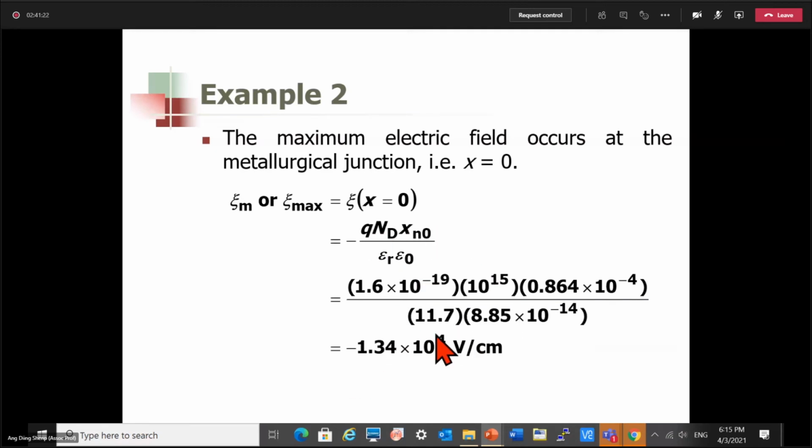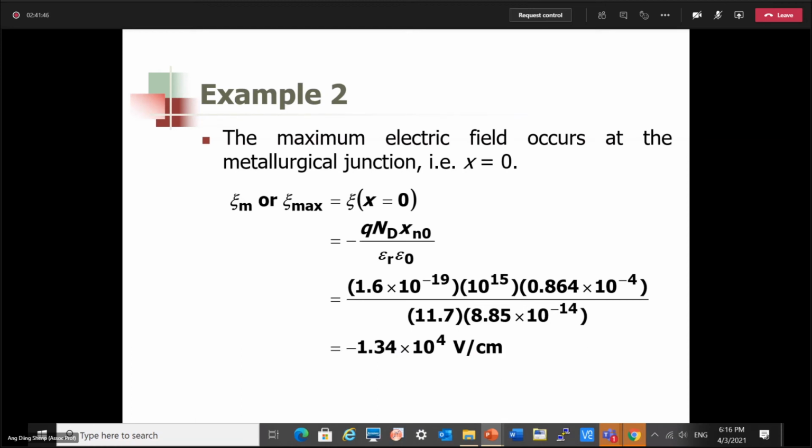After calculating, take note of the order of magnitude of the electric field. In this case, it is 10 to the power 4. It's 13,400 volts per centimeter. So you need a large electric field there to block the diffusion of the majority carriers and to cancel out the diffusion of the majority carriers.